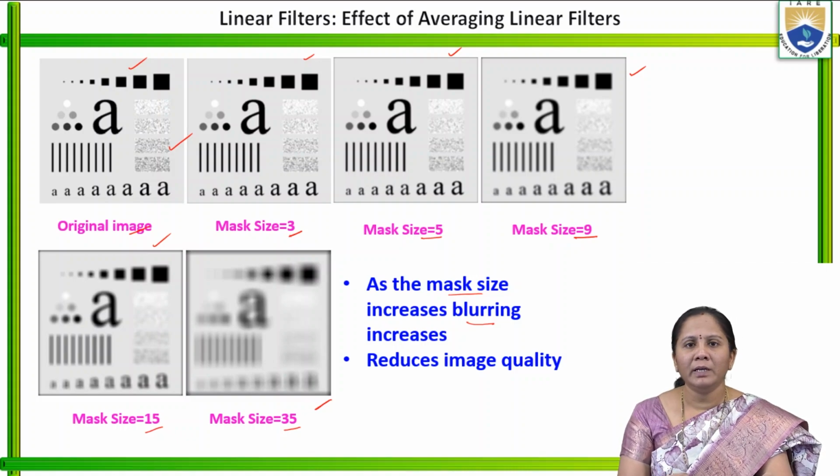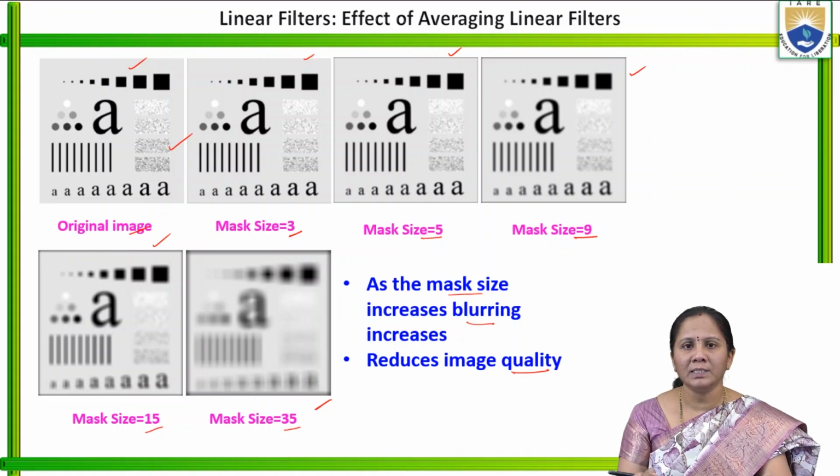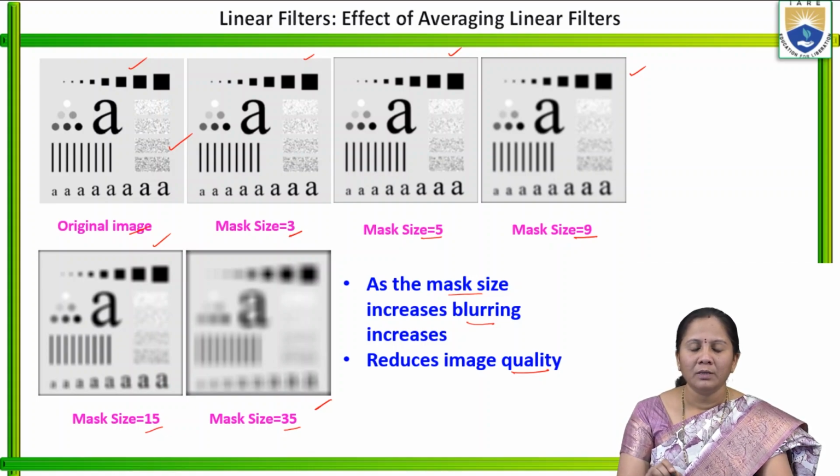So if the blurring in the image increases, it means the quality of the image is reduced. So this is the effect if the mask size increases, and if you apply that mask or filter on the original image, the output images will be looking like this. So as the size of the mask increases, the quality of the image will get reduced.